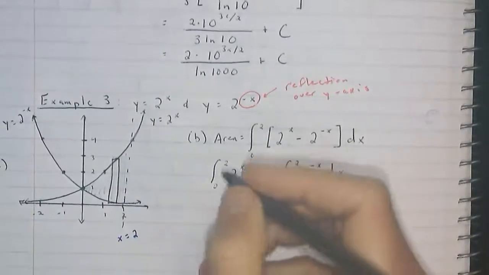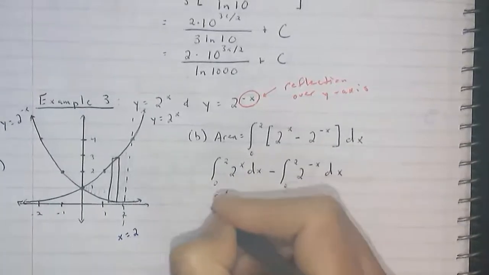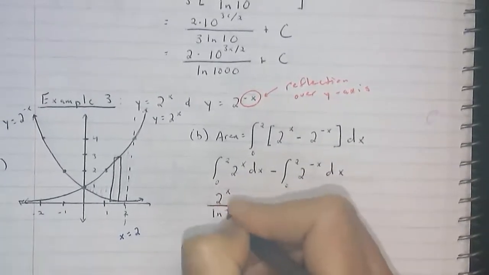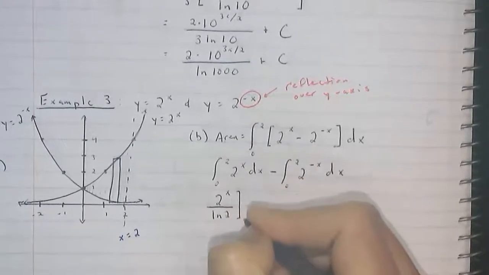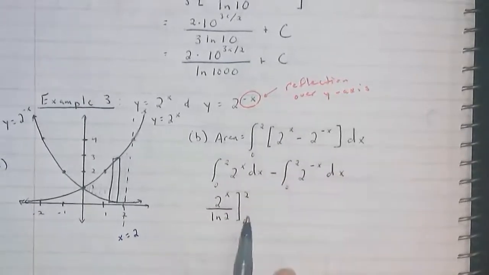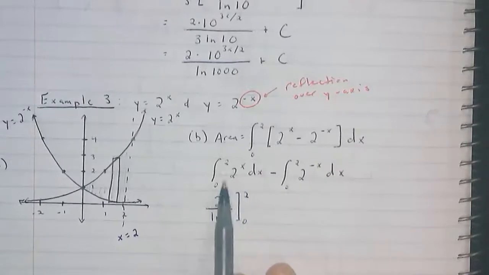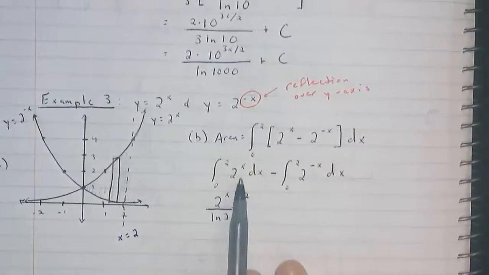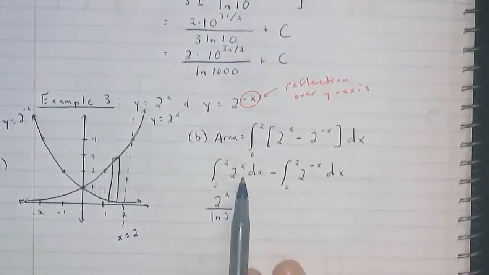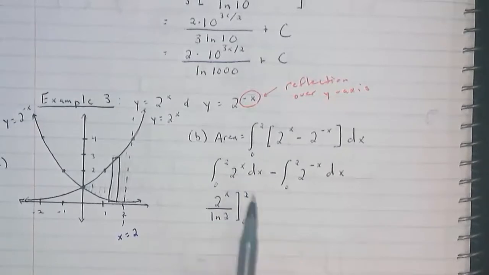This just turns into 2 to the x over the ln of 2 from 0 to 2. Okay, are we okay with that? This is a very basic, straightforward exponential antiderivative. 2 to the x divided by ln of 2.